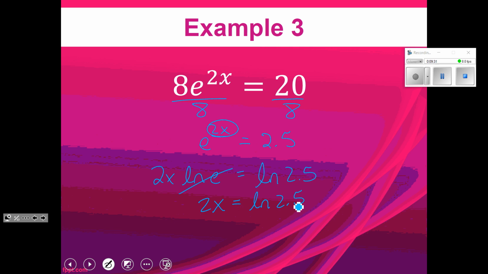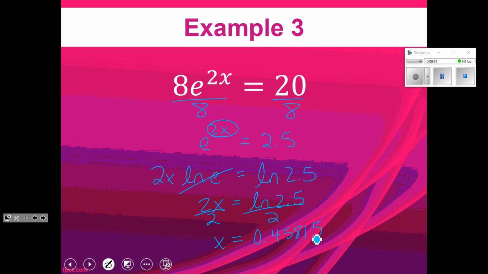And then what do you need to do to that decimal? We're just going to divide it by 2. So x is going to be equal to 0.4585 if you round it.